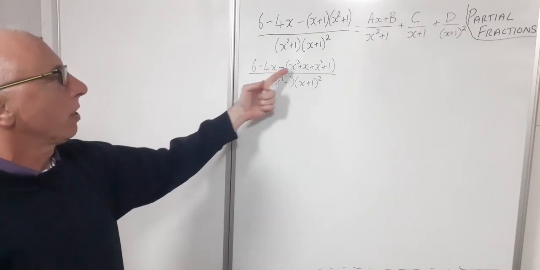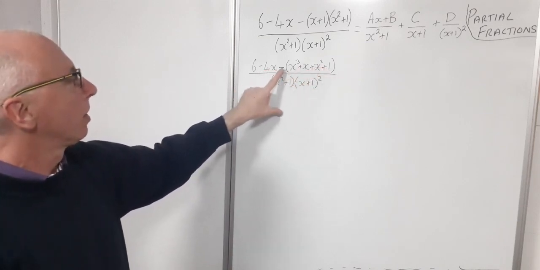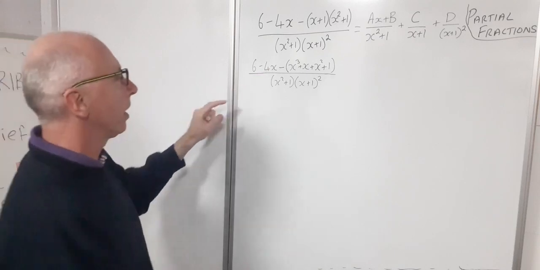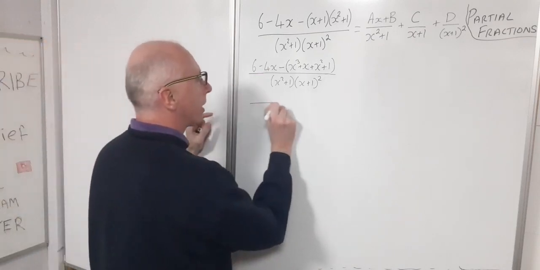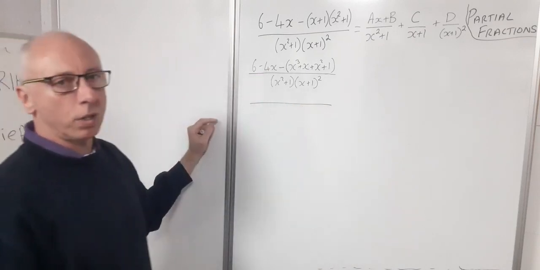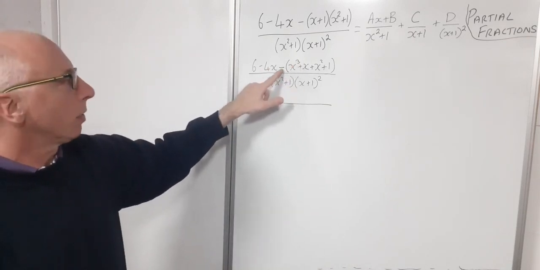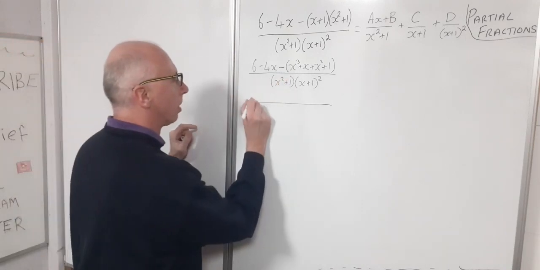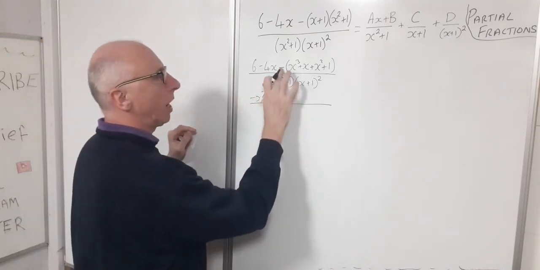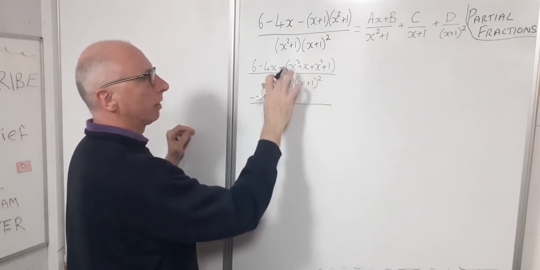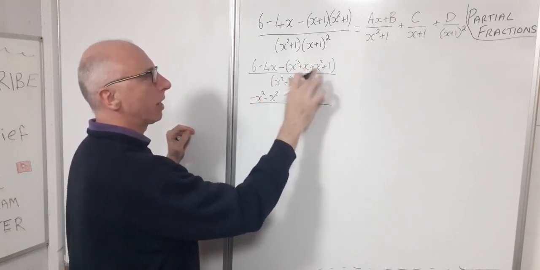So we can simplify this off. So we've got minus everybody in here, and we've got a 6 and a minus 4x here. So let's get rid of that bracket and just write this as one term. So we'll start in order of the indices. So we've got minus x cubed, minus an x squared, and minus an x and minus a 1.